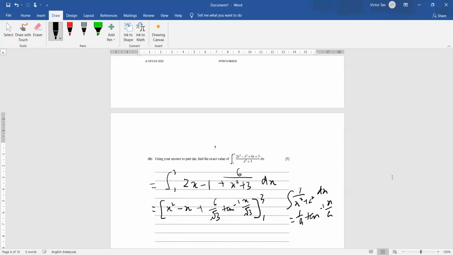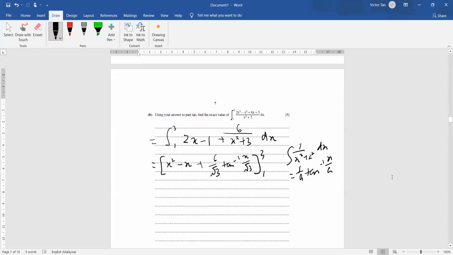Careful, they want the exact value. So this is 9 minus 3 plus 6 over root 3 arctangent 3 over root 3, minus 1 minus 1 plus 6 over root 3 arctangent 1 over root 3. I'm going to simplify. Times root 3 over root 3 is 2 root 3.